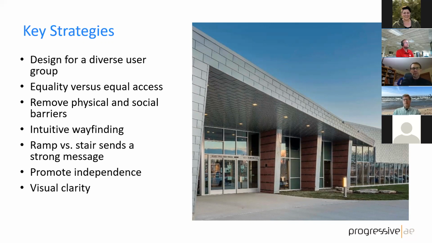Those are two different concepts. But universal design is about equality and allowing individuals to make their own choices in the built environment. We remove physical and social barriers. The physical barriers are kind of obvious, but when we talk about social barriers, it's making sure that people who have a disability can participate at the table, in an event, in the lunchroom, in an auditorium, just like everybody else.